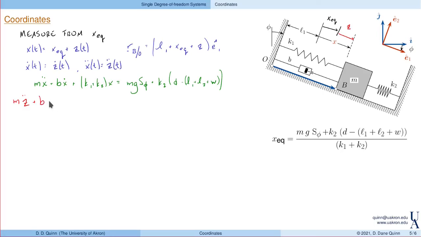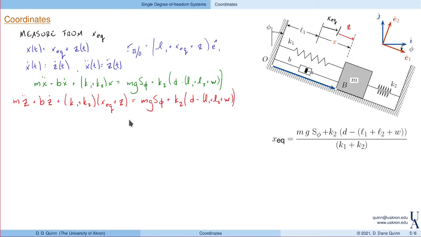I have b times z dot, and then I have k1 plus k2 times x. Well, that's x equilibrium, the static displacement, plus z. And then we still have the right-hand side, mg sine plus k2 times d minus all this other stuff.